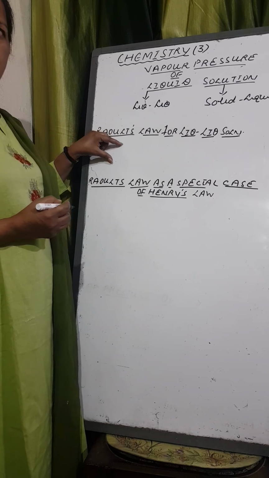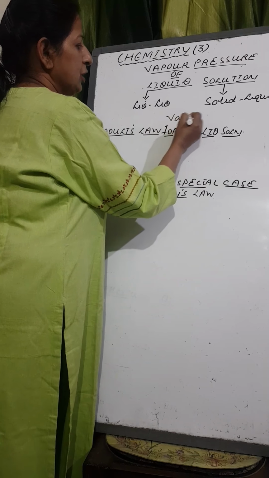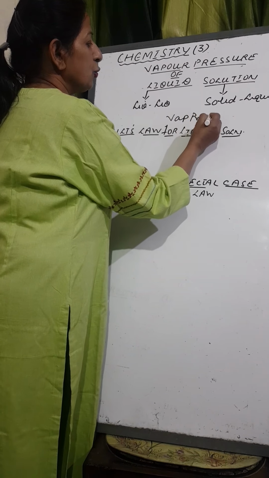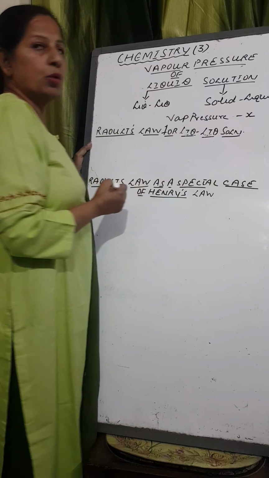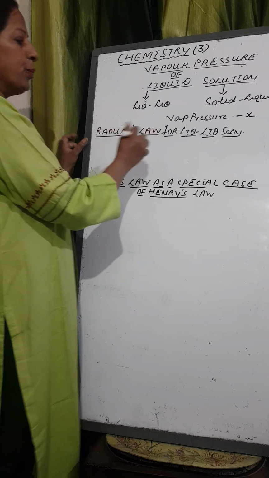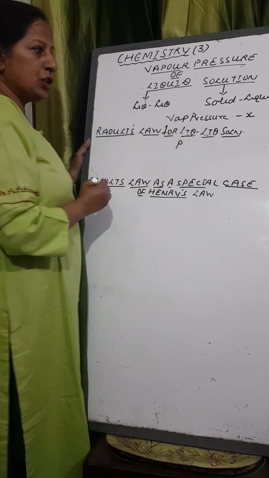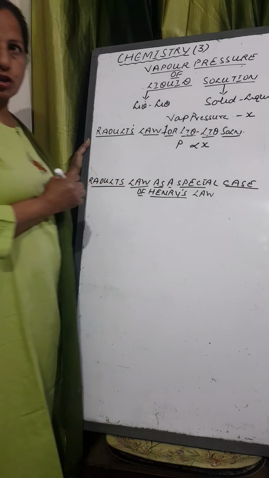There was a scientist, Raoult, who gave a relationship between the vapor pressure of each volatile component, that is each liquid of the liquid-liquid solution, and its respective mole fraction. On the basis of his experiments, he observed that the vapor pressure of a liquid is proportional to its mole fraction.